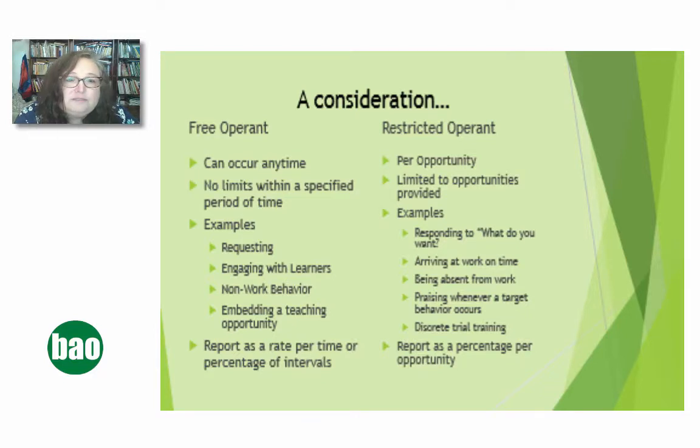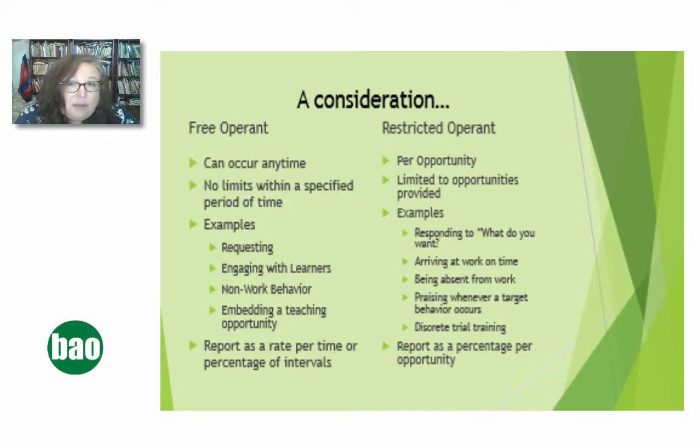So sometimes you'll hear someone say that a child will be taught to request 80% of the time. If you're literally always asking, what do you want? You could set a criterion at 80% of the time that the child will say what they want. But typically what we really would hope for, I think, in most situations is for a child or learner to request without a question needing to be asked.